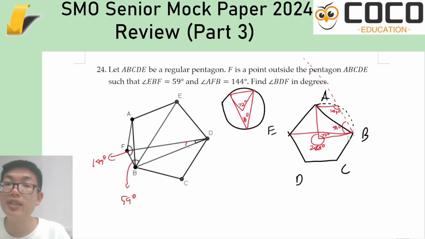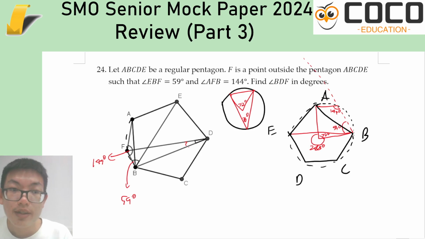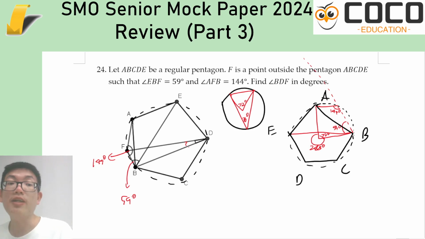In other words, it just lies on the circumcircle of the regular pentagon. That's what has happened here. Now I'm saying this in a very elaborate way because that's how I would arrive at this motivation, but the reasoning itself is just here.